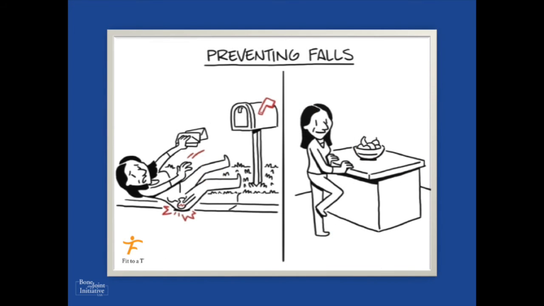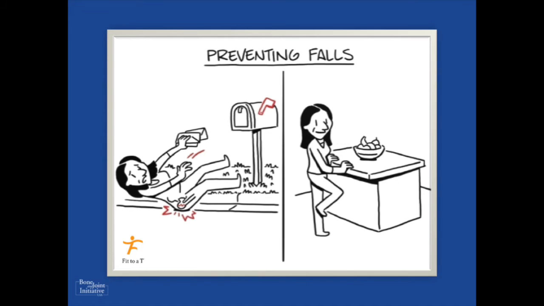So how can we prevent falls? Falls do not have to be a normal part of aging. In fact, they are not a normal part of aging. However, they are very common. 1 in 4 Americans over the age of 65 will fall every year, and this is the leading cause of fatal and non-fatal injuries for older Americans.